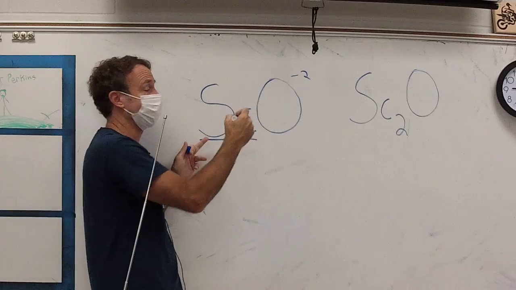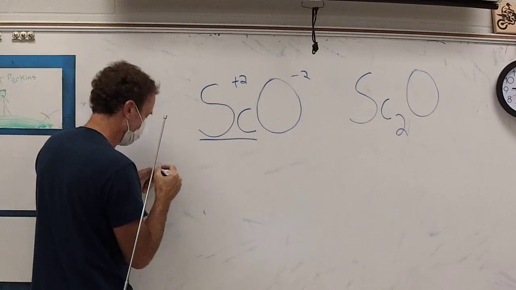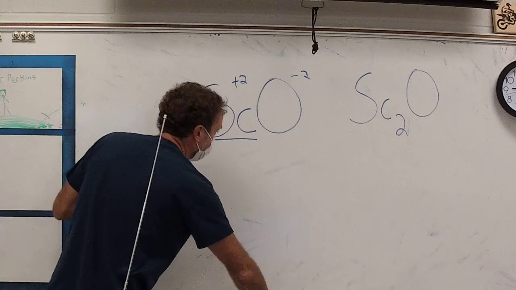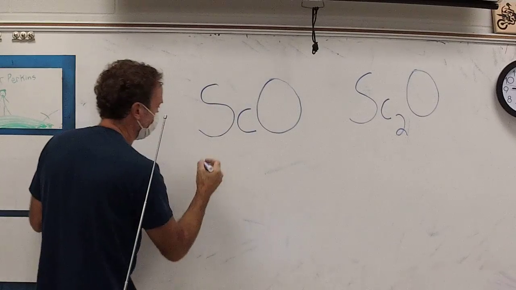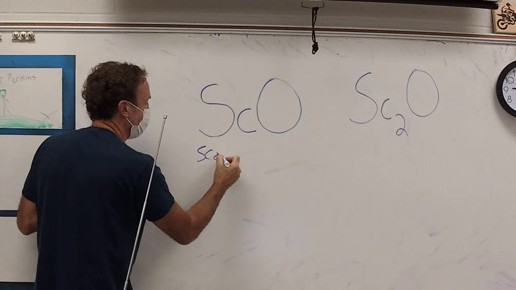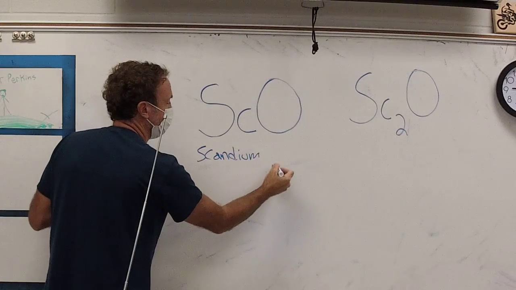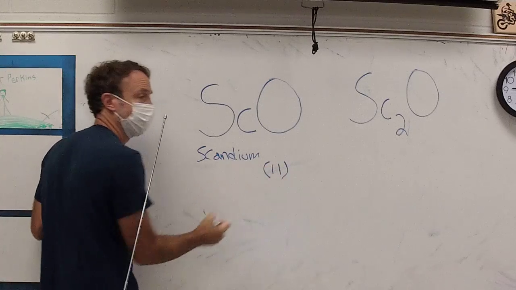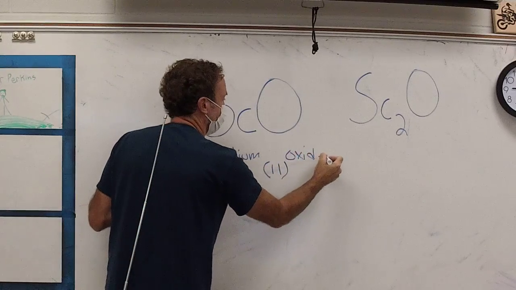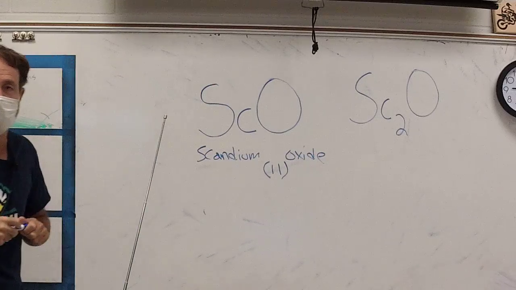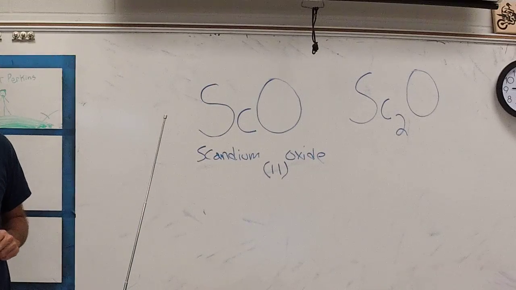You always got to say minus and plus. So if you saw this formula, ScO, you would have to write on your paper, scandium 2 in Roman numerals in parentheses, oxide. Scandium(II) oxide. Does that make sense?